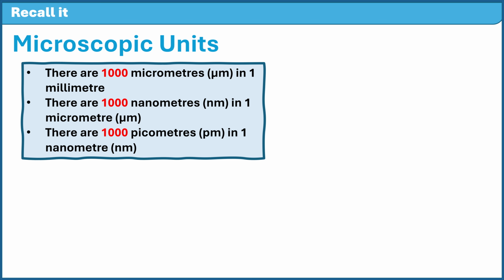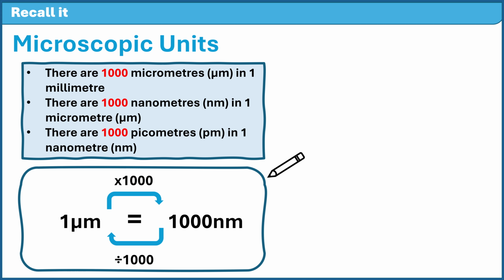Here's what you need to remember. 1 millimetre is equal to 1000 micrometres, 1 micrometre is equal to 1000 nanometres, and 1 nanometre is equal to 1000 picometres. A key rule is when converting to a smaller unit, multiply, and when converting to a larger unit, divide. You can use the acronym MISDIL taught in the unit conversion lesson.